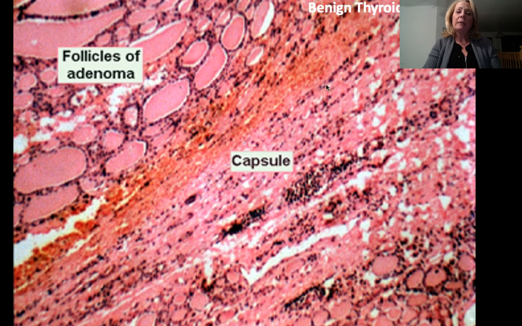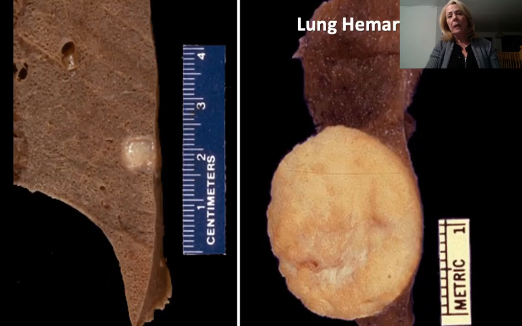And this is the capsule, and then these are the follicles in the thyroid that are the adenomas. This is a lung hamartoma. You can see it right here, but then they've blown it up so you can see it better.